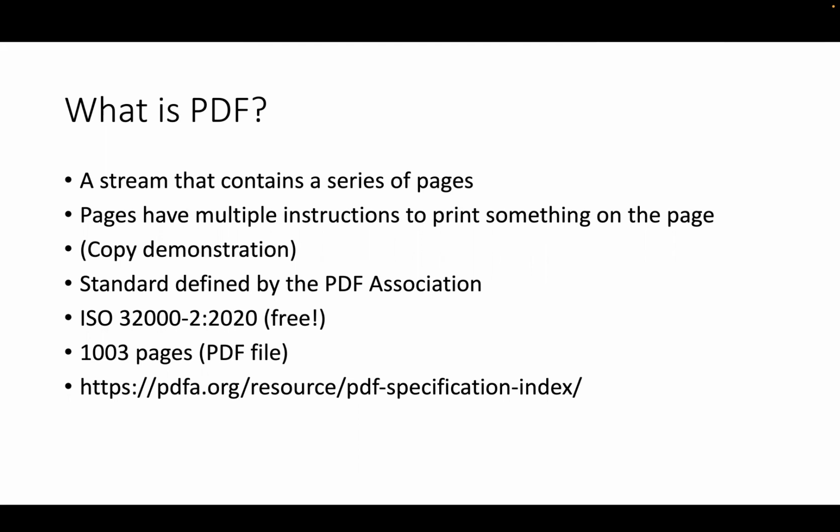If you uncompress it and potentially unencrypt it, then you get a very, very old style format that contains an ASN1 stream, I think it is, that contains a series of pages, and then the pages have multiple instructions to print something on the page. And then there's a whole bunch of stuff around fonting and coloring and setup and page layout and page size and all this stuff. But fundamentally, it's just a stream with pages with something to print on the page.